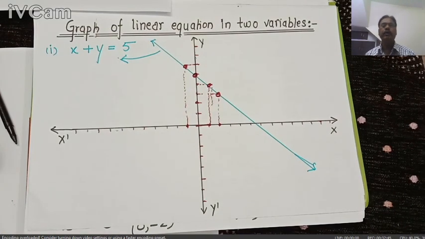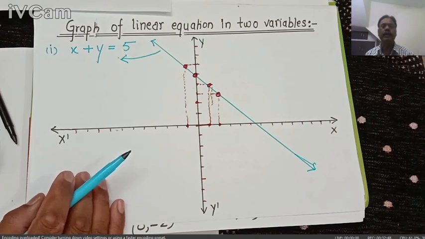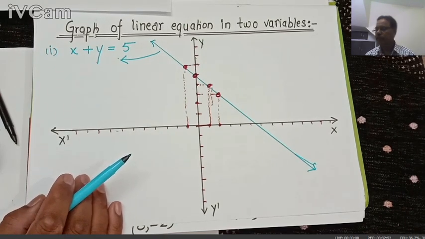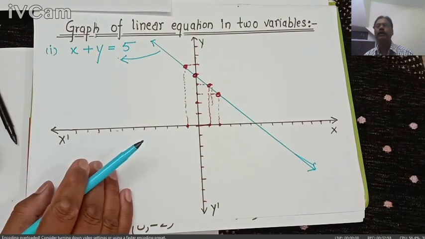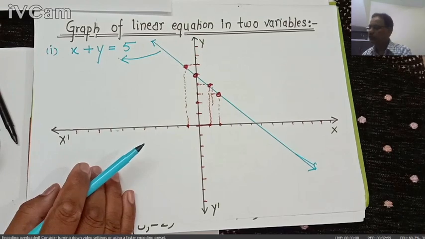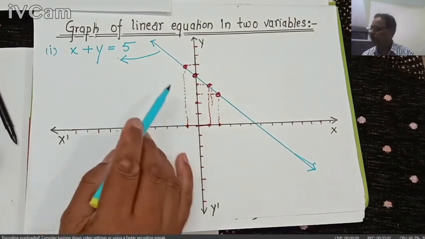So how do we plot the points on the graph paper? We have already learnt it in the previous class, in the previous chapter. So it is very easy. And we find the 4 solutions, 5 solutions, whatever is asked. We have found the solutions and plotted the points.